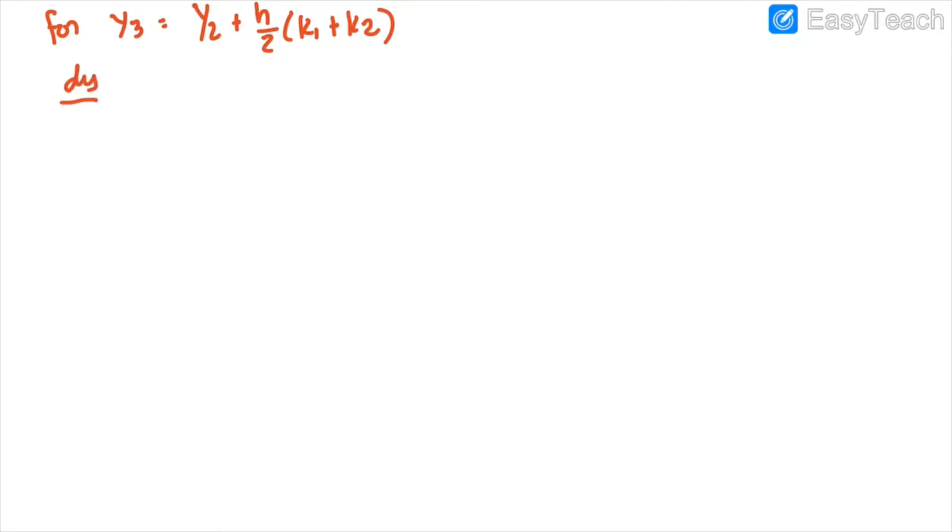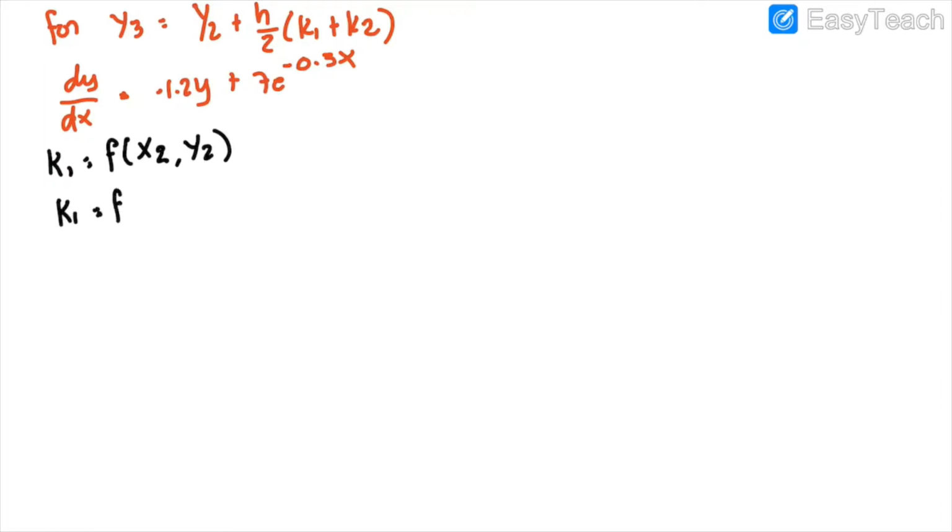Again, dy over dx is equal to negative 1.2y plus 7e raised to negative 0.3x. So solving for k1 again is equal to the function of x2 and y2. So k1 is then equal to f of x2, y2.